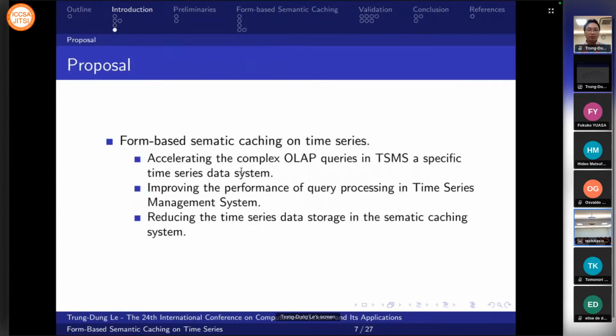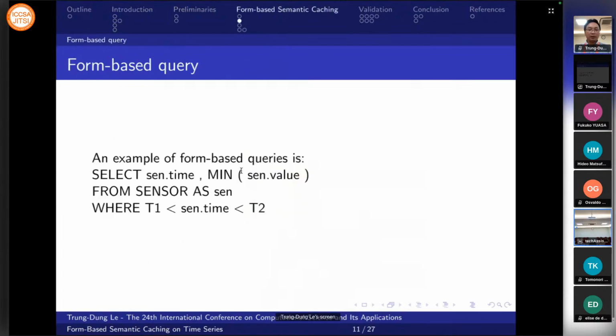For example, you can see that time series management systems cannot support a SQL query. So we apply a form-based query like SQL.